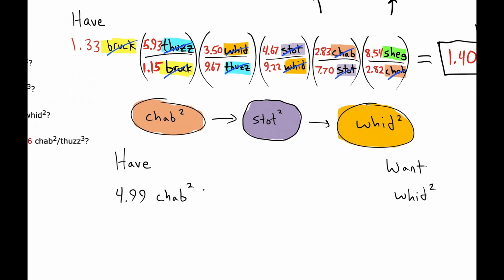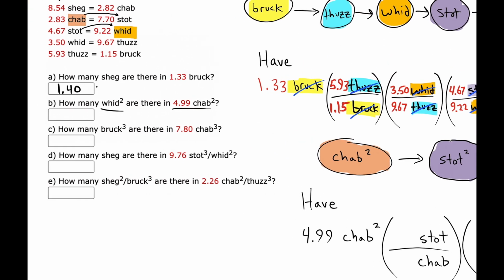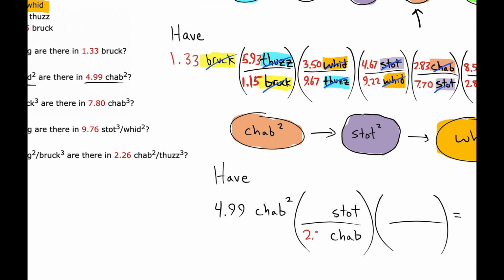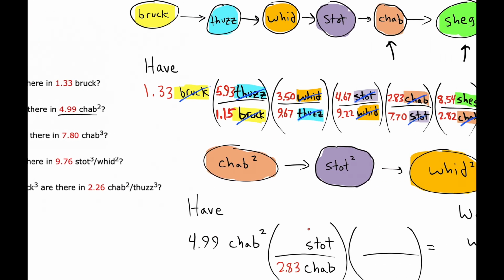Okay, so it's going to require 2 conversion factors this time because there are 2 steps in the flowchart. Let's put the chab down below first because we'd like to cancel that and create stot. I'm going to use the numbers that are associated with chab and stot in the chart. So 2.83 goes with 7.70.